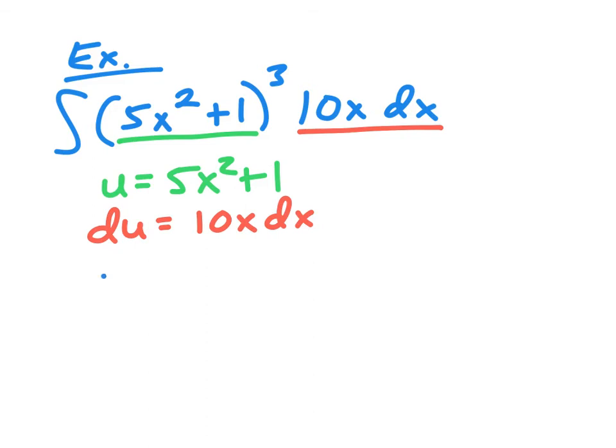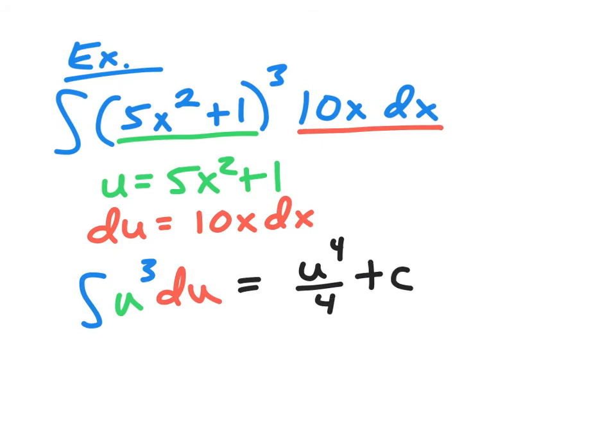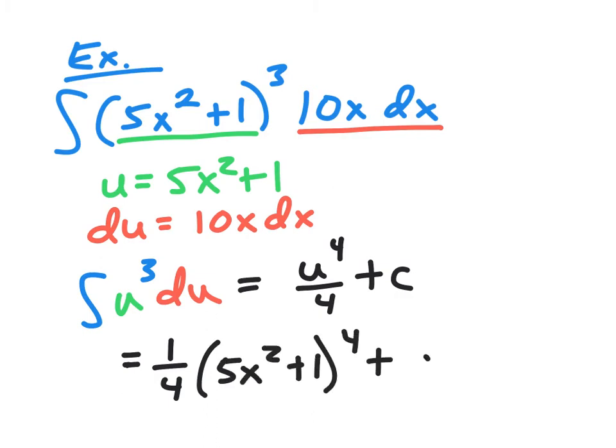So if I rewrite this, I have the integral of u raised to the third power, times du at the end. Well, the antiderivative of u cubed is just u to the fourth over 4 plus c. And then if I go back and substitute in my u, I have 1/4 times (5x squared plus 1) raised to the fourth plus c as my antiderivative.